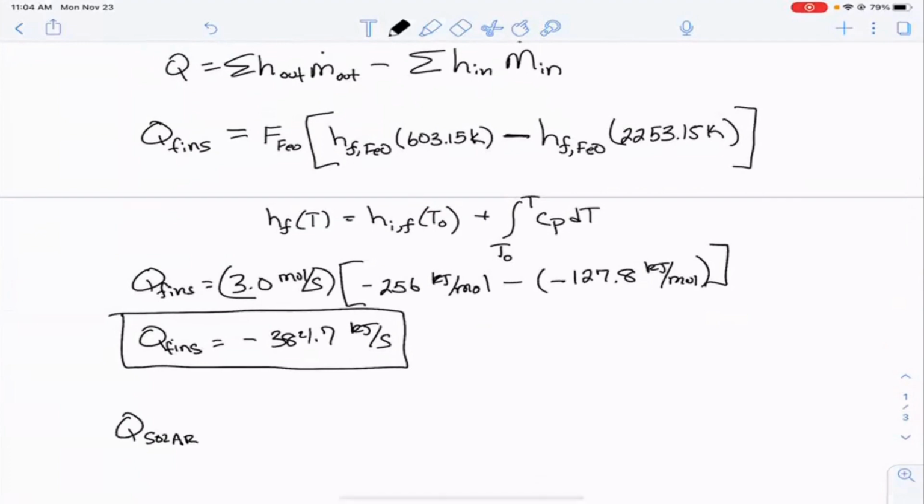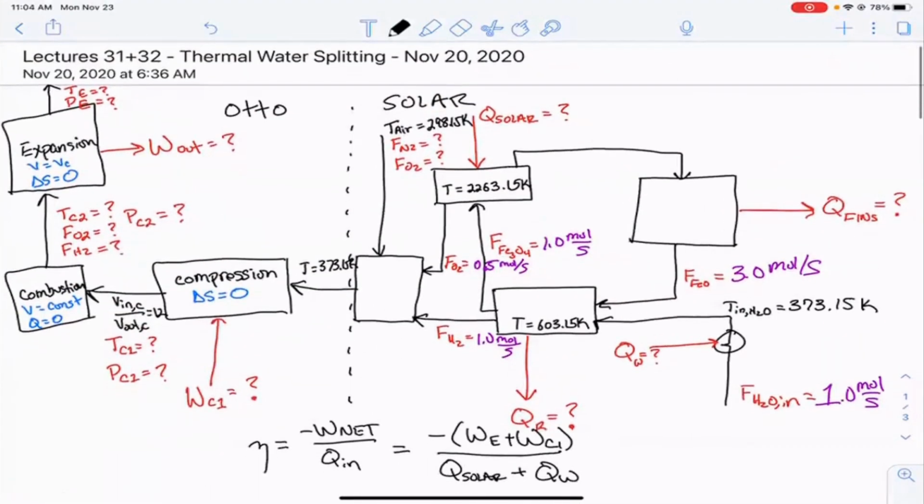If we want to find the heat that's coming out in the solar portion of our diagram, let's look at what comes in and what leaves. Essentially, what comes into the solar compartment is Fe3O4, and what leaves is oxygen and FeO.